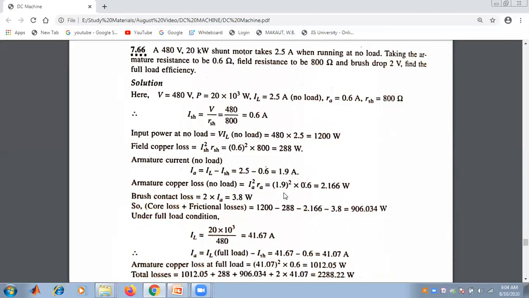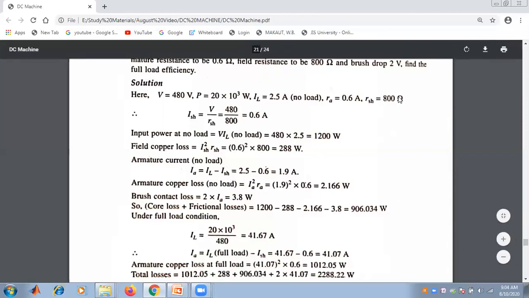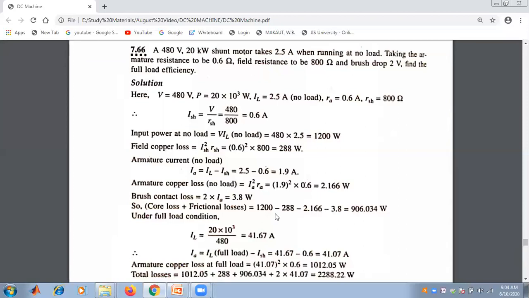So the brush contact loss, that is 2 into Ia, because brush voltage drop is 2 volt, 2 into 1.9, that is 3.8 watt. So the core loss plus the frictional losses, that is the 1200, that is the input power, minus 288, that is field copper loss, minus 2.166, that is armature copper loss, minus 3.8, that is 906.034.